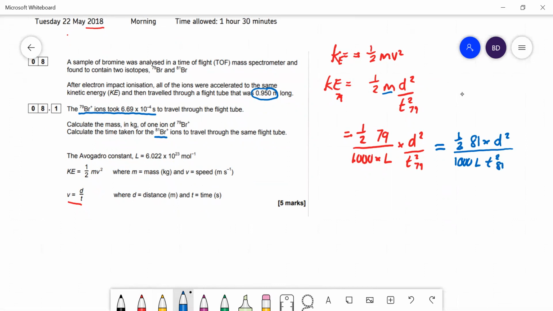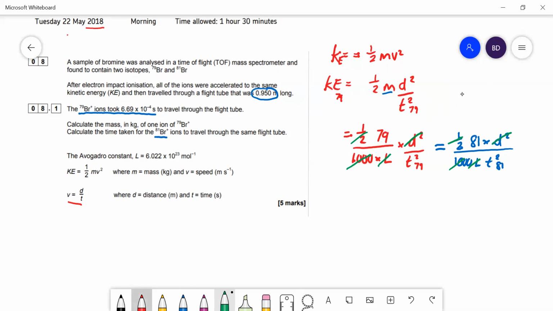Now we can cancel out most of that stuff, so we're going to get rid of the half, the 1000, because the kinetic energies are the same, the Avogadro constant, and the d squared. That's why we don't need the length of the tube.